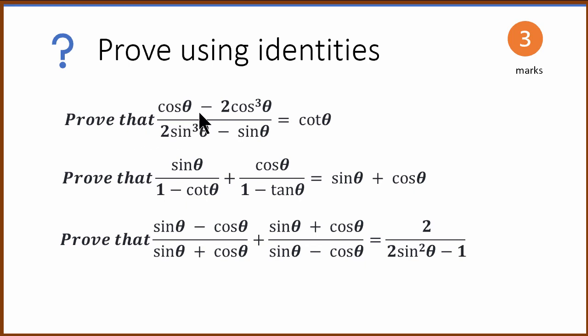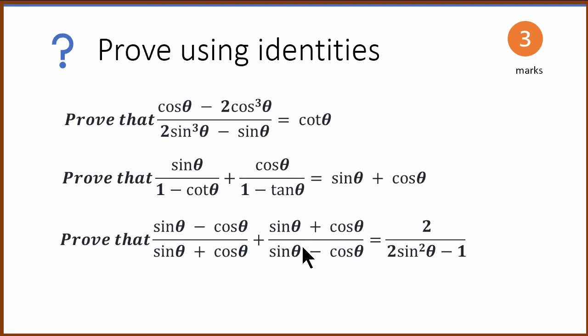It says prove that cos theta minus 2 cos cube theta divided by 2 sine cube theta minus sine theta equals cot theta. So you are given an LHS and you are given an RHS. You are supposed to prove that left hand side equals right hand side. Similarly, you have 2 other questions, and again you have left hand side and right hand side, and you are supposed to prove that left hand side equals right hand side.